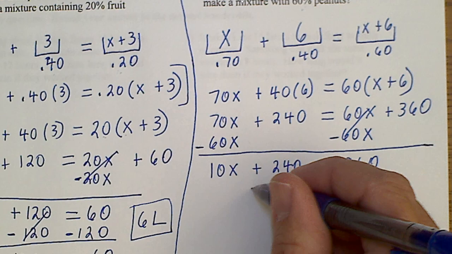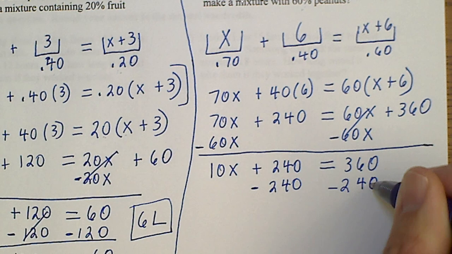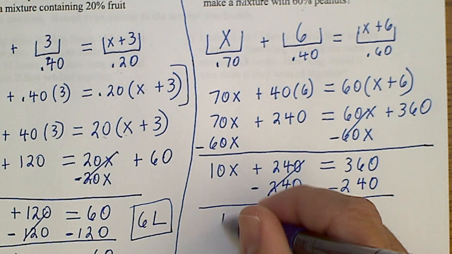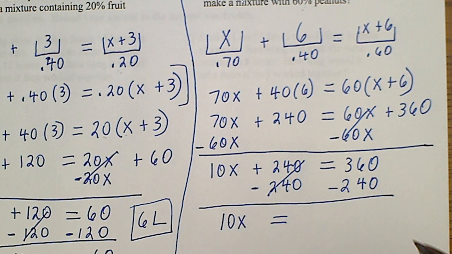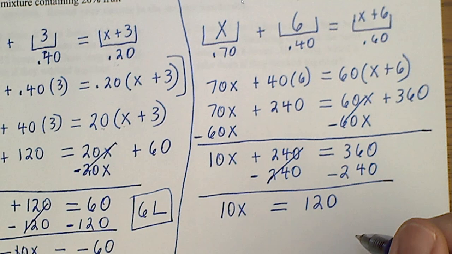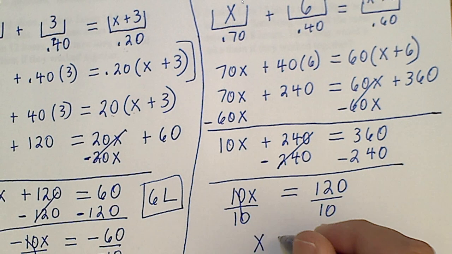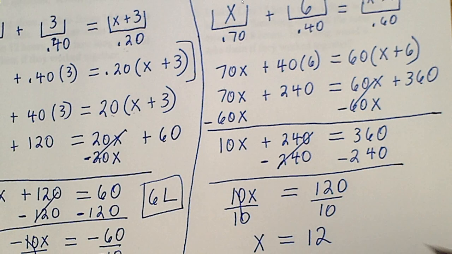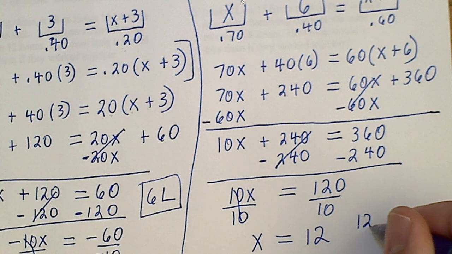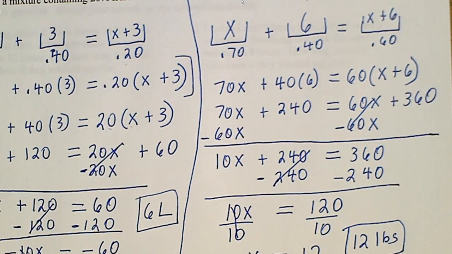Next, I got to subtract the 240 from each side. So 360 minus 240, which would be 120. And then if we divide both sides by 10 as our final step, we get that our x is equal to 12. So it looks like it's going to be 12 pounds is how much is going to go in to the container that is 70% peanuts.